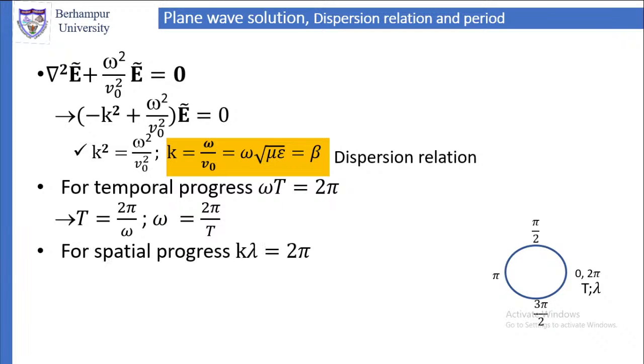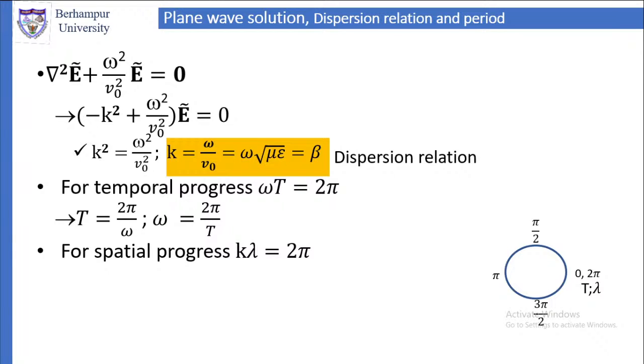Now let us consider the spatial progress. In the spatial progress, we have traveled one complete cycle, which is equivalent to one wavelength. So we have traveled one wavelength that covers 2 pi. So lambda into K will give you 2 pi.